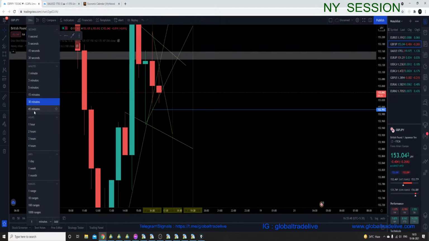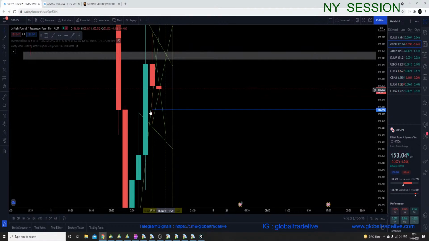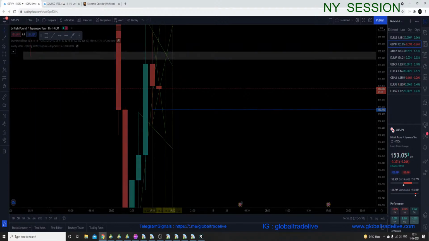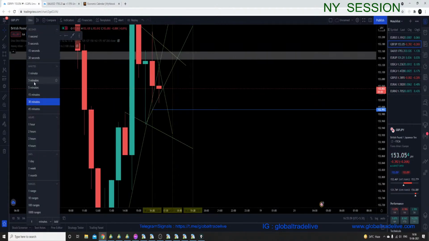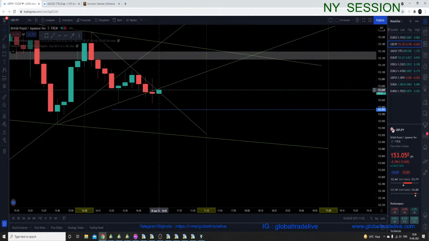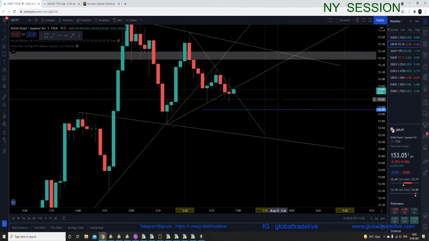Yeah, because the 1 hour candle has the other half left to run, so the next 30-minute candle may be pushing the price down. Let's see the 5 minute now. Okay, it has created an upper wick. Still got 3 minutes. I think we will be getting some volume at the time of NY Open.